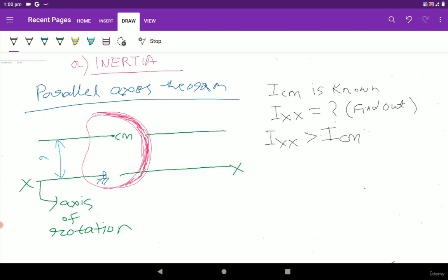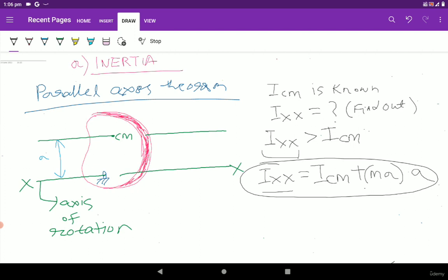So we can calculate I-axis by using this expression: I-axis equals the inertia about the center of mass plus the mass of the given body multiplied by A squared. So the moment of inertia about the axis can be calculated by this equation.